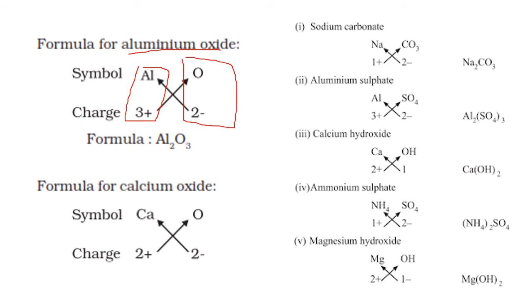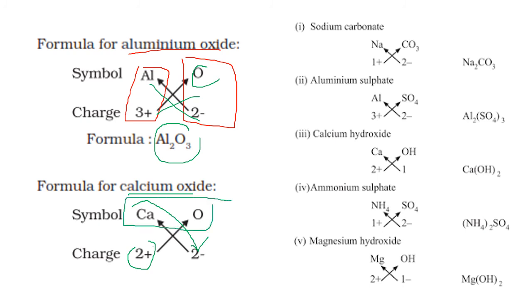When these two are crossed over, you get Al2O3. So this is how cross multiplication occurs. Calcium oxide also, Ca is 2 plus, O is 2 minus. So Ca 2 plus and O 2 minus will cancel, so it will form CaO because both are 2.